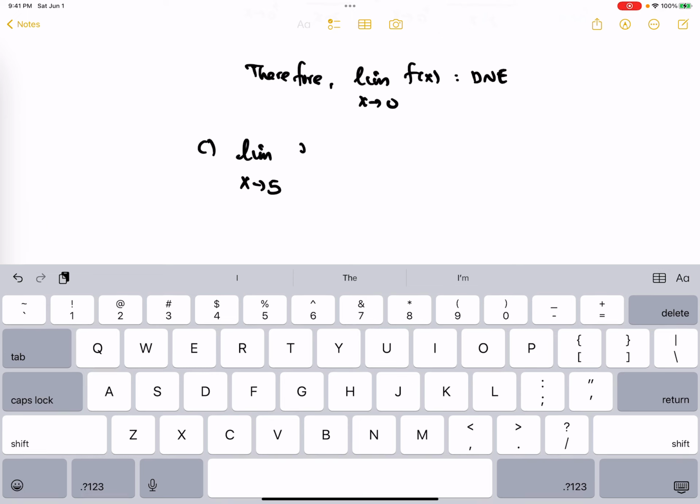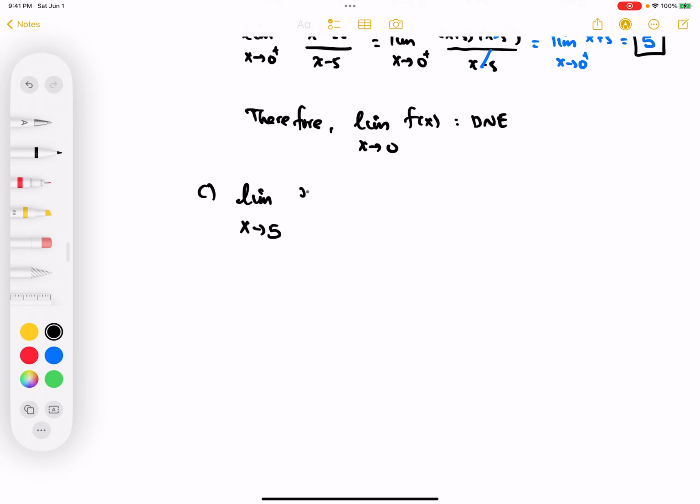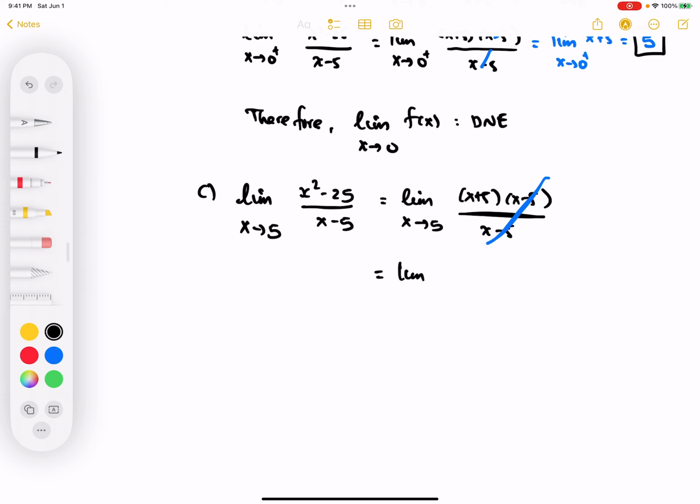In other words, it is asking you to evaluate x squared minus 25 over x minus 5. So you have to simplify it, right? x plus 5, x minus 5 over x minus 5. Look at this cancel. And the next step is limit of x approaches 5 of x plus 5, which is 5 plus 5, which is equal to 10.